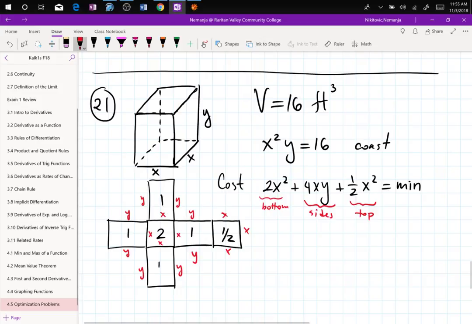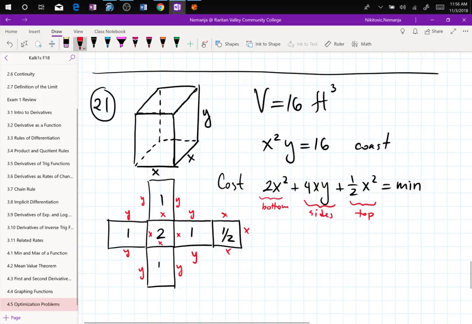So minimizing surface area is the reason why I went with the area equation in the cost, because minimizing the area minimizes the amount of material you're using to make the thing. There is my objective function, it's equal to a minimum, and there is my constraint up there, which is the volume. Remember, we have to fit into 16 feet cubed everything.